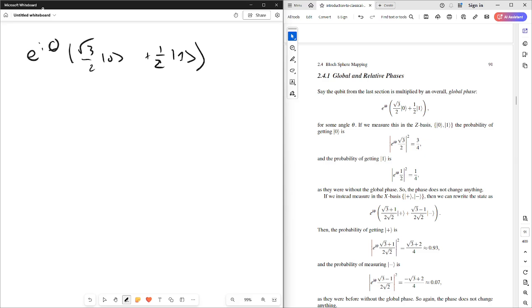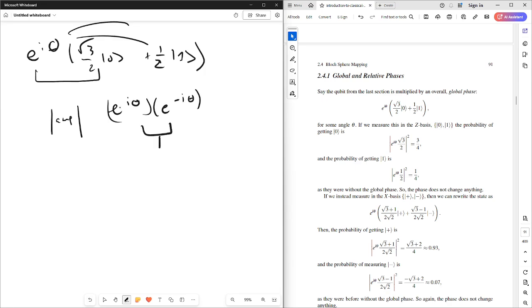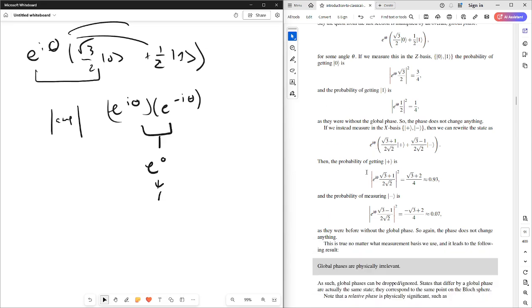Even if we multiply this in, once we take the norm squared of these amplitudes, this will get distributed through, right? We'll be taking this and multiplying it by its complex conjugate, so e^(iθ) multiplied by e^(-iθ), which equates to e^0, which is 1, right? So the phase is not going to affect our amplitude. But it can be used to shift the location of a point.